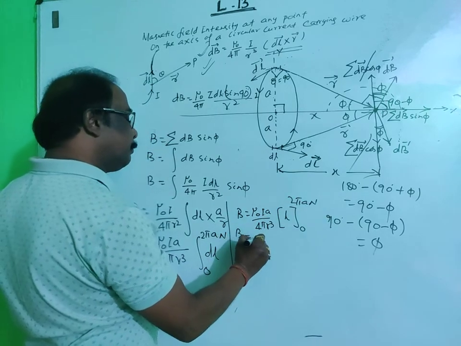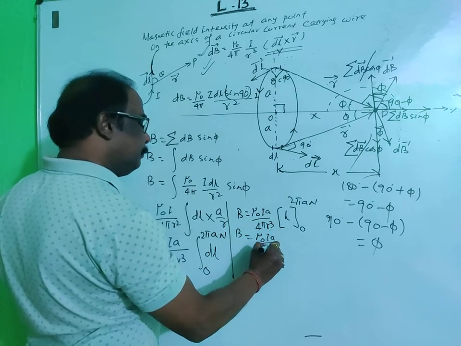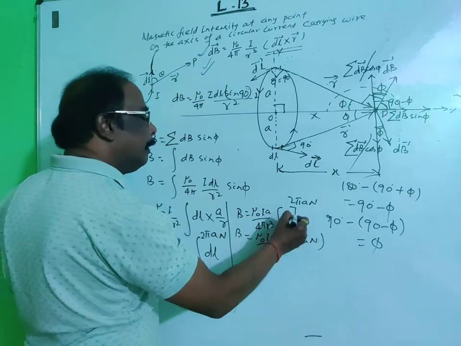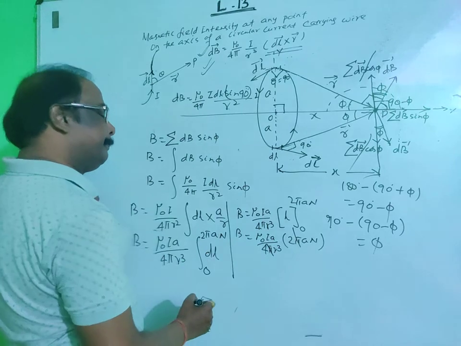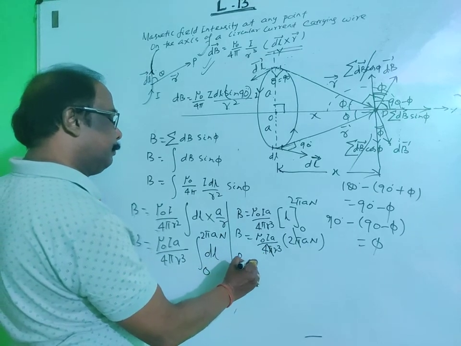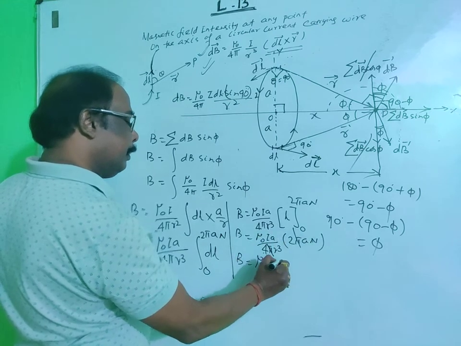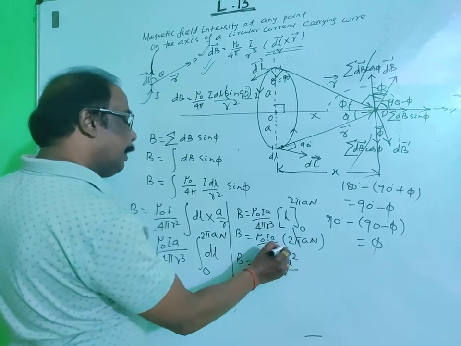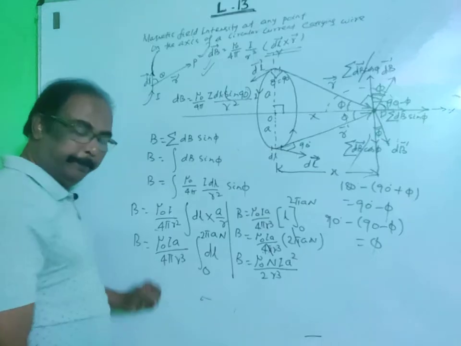Then B is equal to mu naught n I divided by 4 pi r cube into 2 pi a, minus 0. So B is equal to mu naught n I a square divided by 2 r cube.